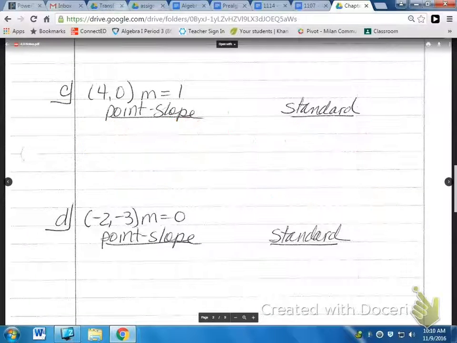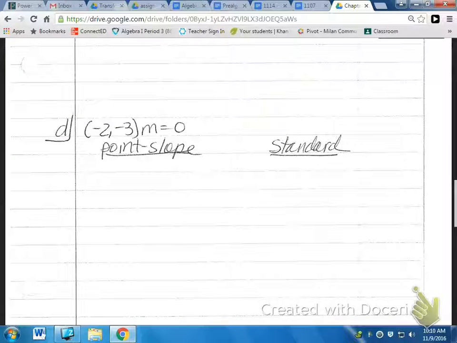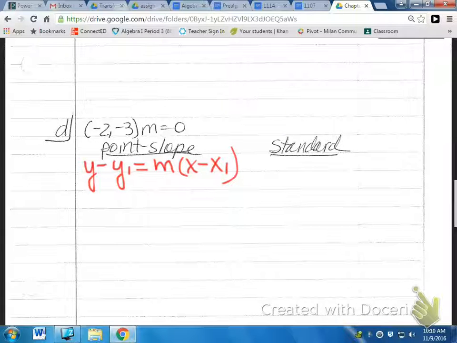Okay, let's see if there's anything else different. Example D. Y minus y1. M times x minus x1. So y minus -3. Okay, this is going to be good, isn't it? 0 times x minus -2.